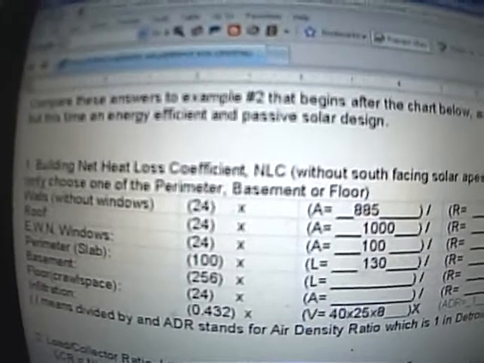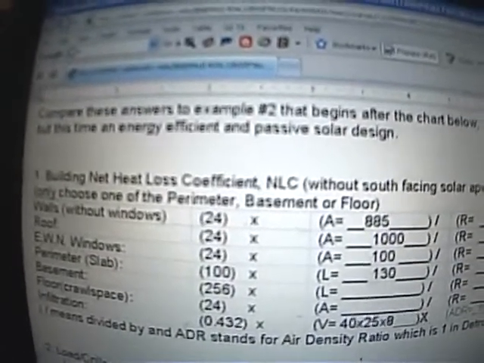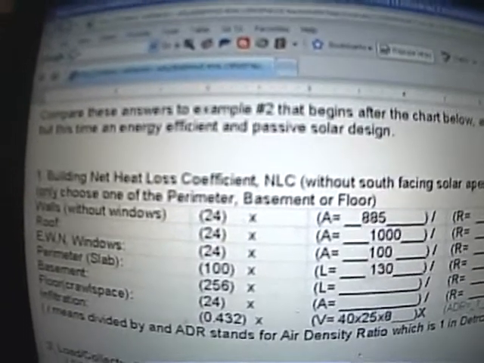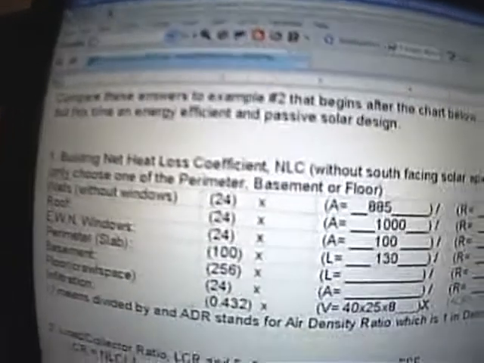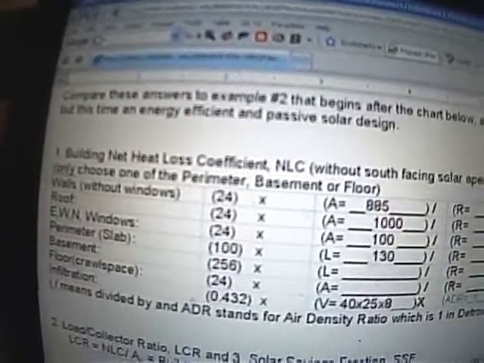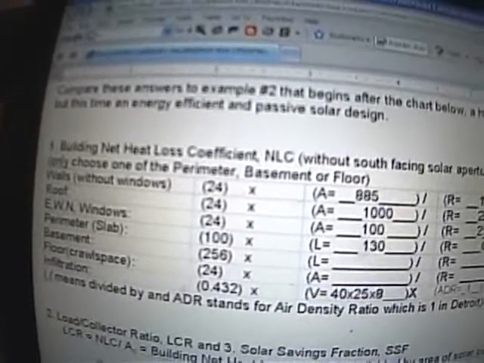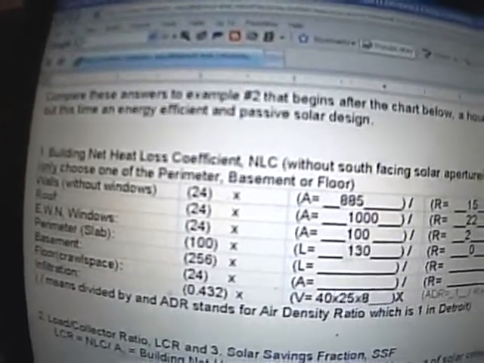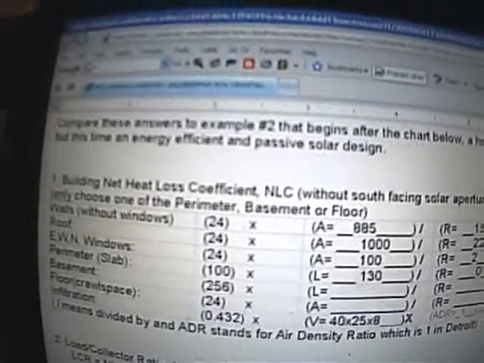So in this case, you're going to measure the length of each of the edges of the slab and add them together. For the house that was given to us in the example, you end up with 130 linear feet. That's what goes in there. Once again, we would use the same figure for basements, and if we had a crawl space, we would just do the area of the floor.